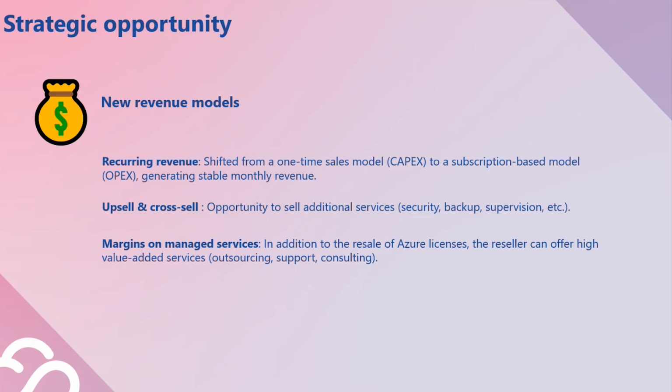Upsell and cross-sell: the opportunity to sell additional services, security, backup, monitoring, or any other cross services. Margins and managed services: in addition to the resale of Azure licenses, the reseller can offer high value-added services, outsourcing, support, consulting. So here are some ideas for you to deploy your new revenue model. There are a lot more, but just to give you some ideas.